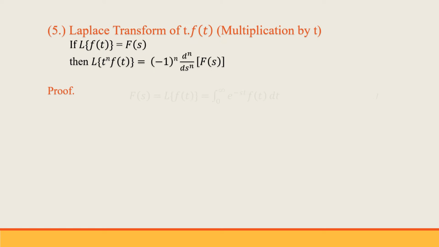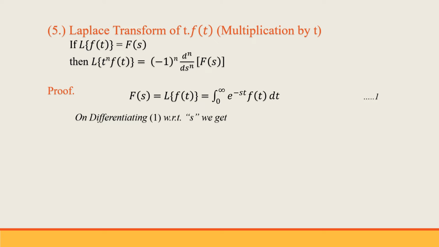By simple definition of the Laplace transform, we know that F(s) is equal to integral 0 to infinity e raised to the power minus st into f(t) dt. On differentiating both sides with respect to s, we get d by ds of F(s) is equal to d by ds of integral 0 to infinity e raised to the power minus st into f(t) dt.